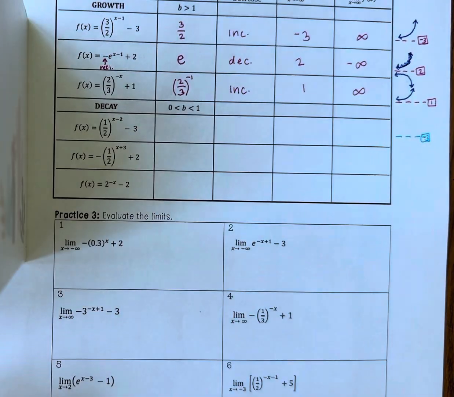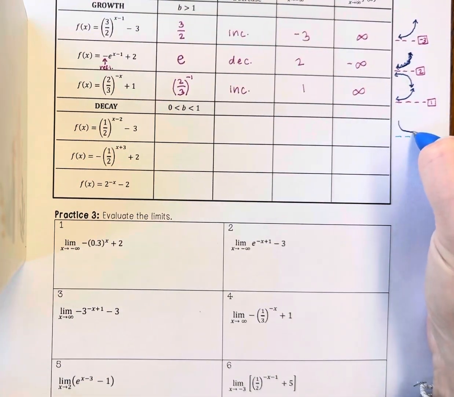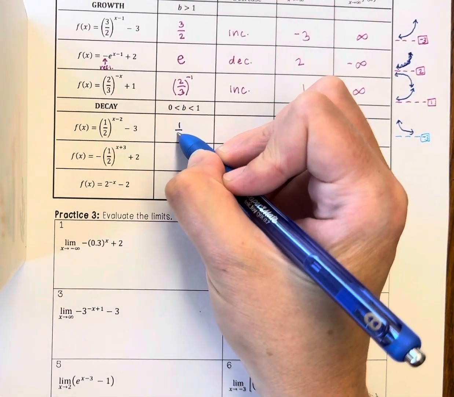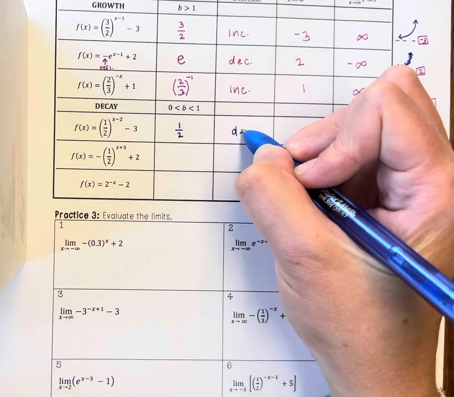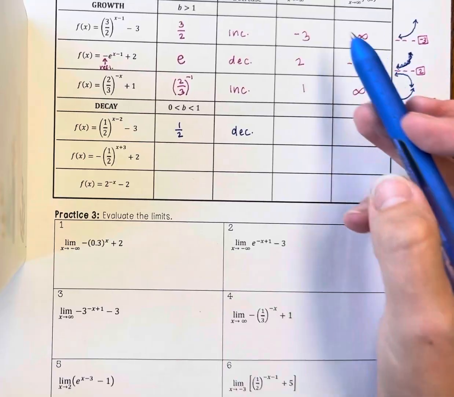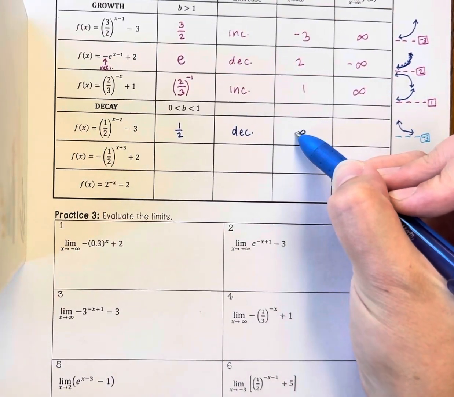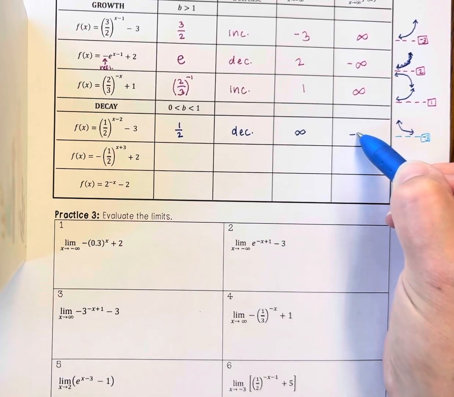And my graph is decreasing towards the asymptote. So my base is 1/2, and my graph is decreasing. On the left side of the graph, the limit as x approaches negative infinity is positive infinity, and on the right side of the graph, it's approaching the asymptote, which happens to be at negative 3.